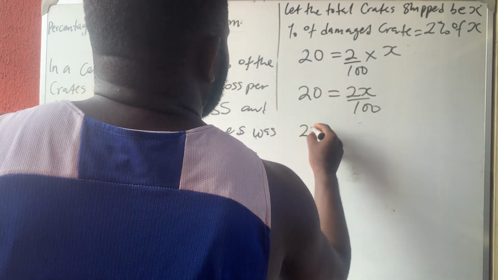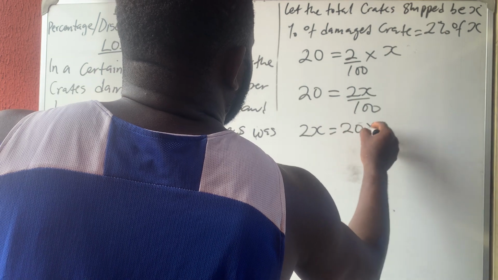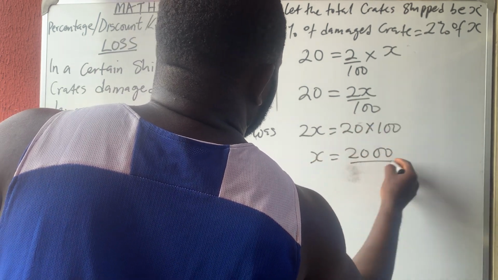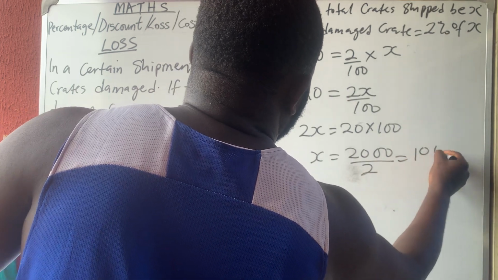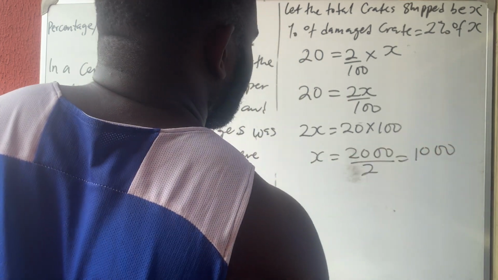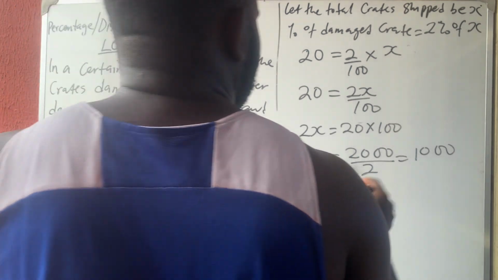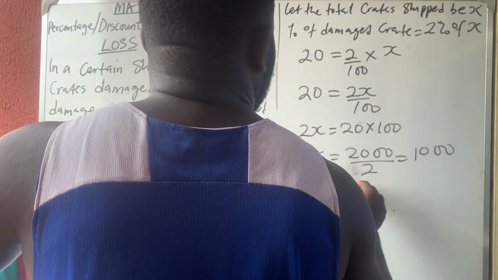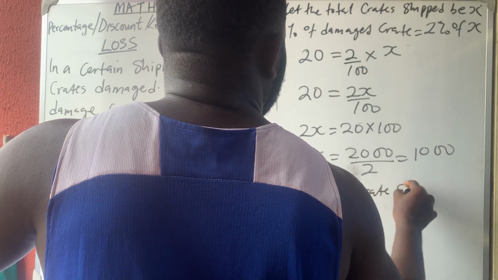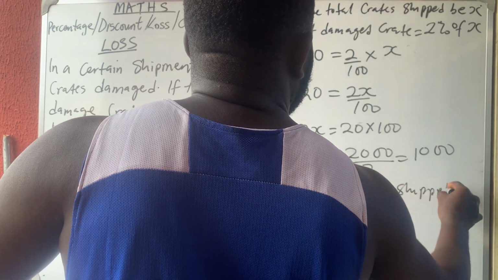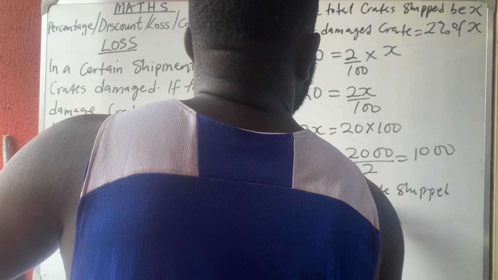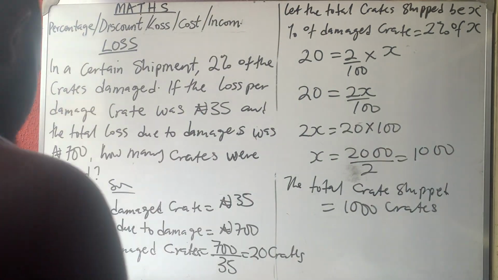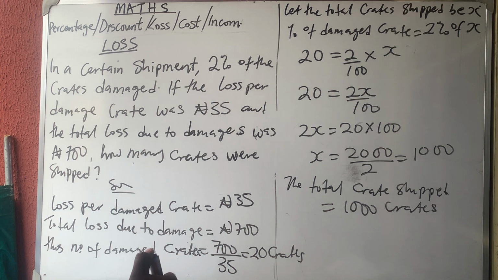Therefore 2x is equal to 20 times 100, so x is 2000 over 2, which is 1000 crates. So the total crates shipped is 1000 crates. Right? So that is that for that.